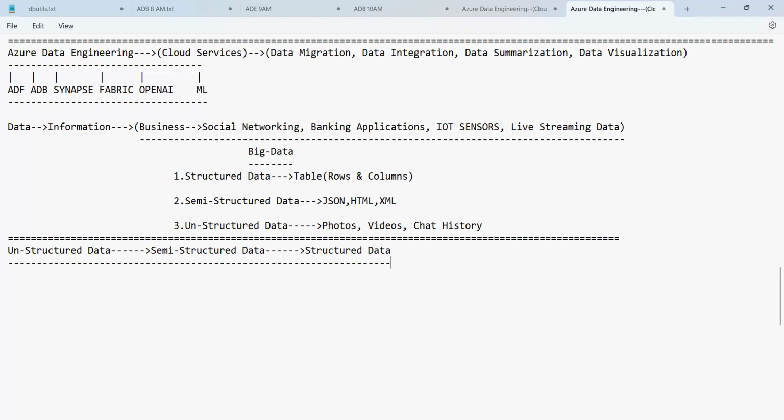But the next question is, where do you store this data? Whether you have structured, unstructured, or semi-structured data, do we require storing the data or not?